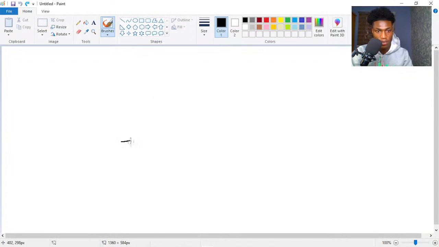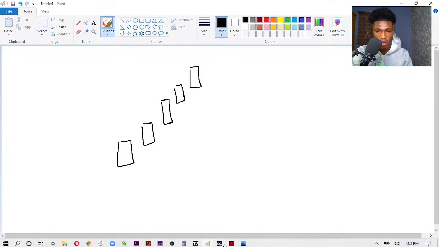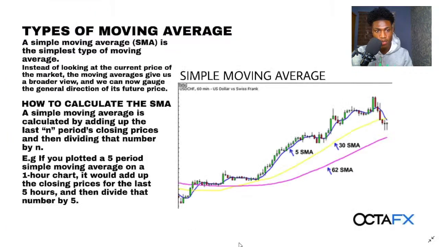So let's say you have candlesticks 1, 2, 3, 4, and 5. And remember, the moving average is calculated by adding up the last n periods' closing prices. So we have 5 candlesticks, right? Let's say we're using a 5-period moving average.